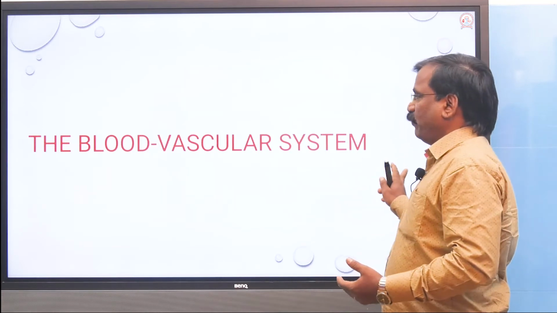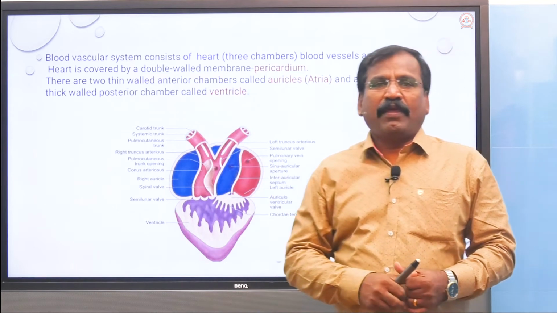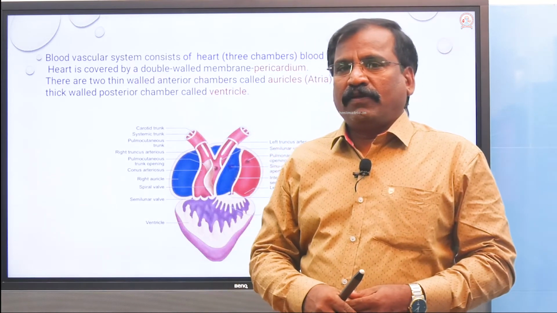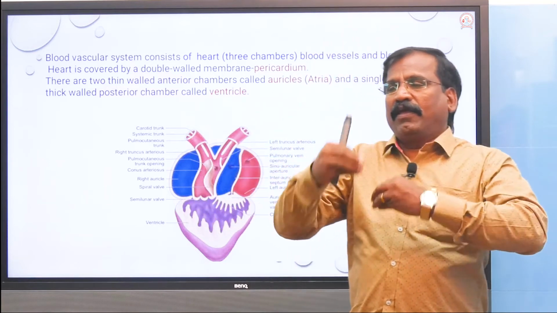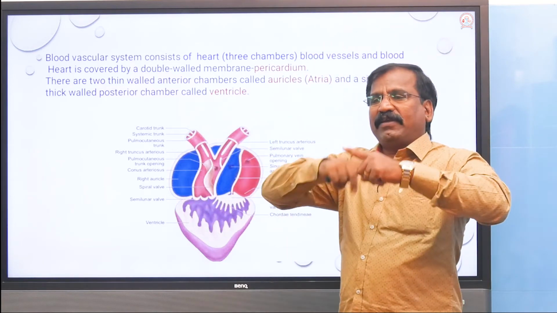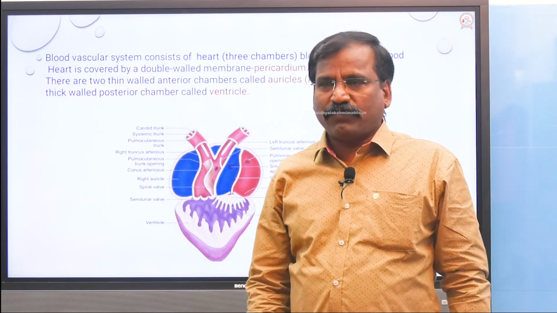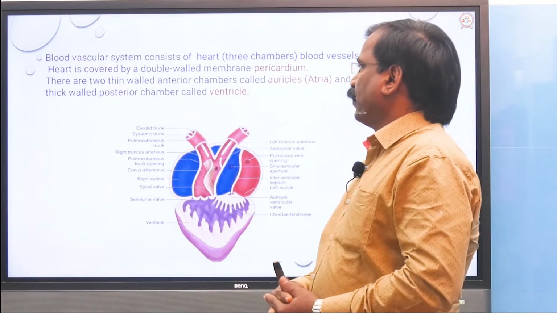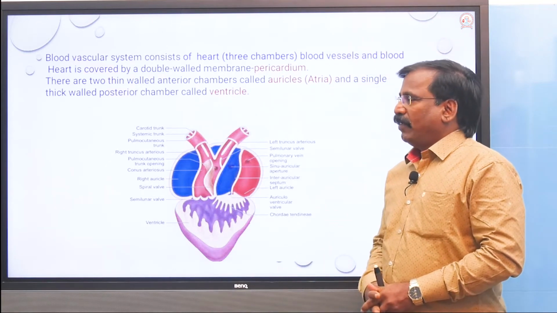You know what the function of the circulatory system is: the blood circulates repeatedly inside the body. It is the main system responsible for transportation. That is the function of the circulatory system, right?